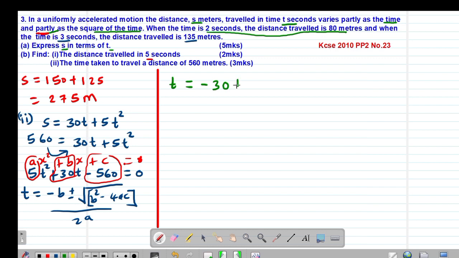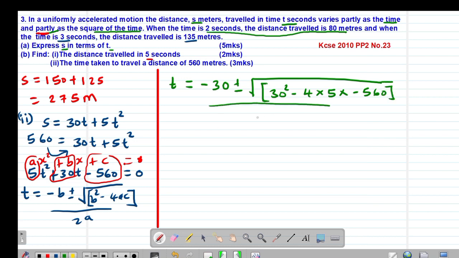Then plus or minus the square root of b squared. So my value of b is 30, so this will be 30 squared, minus 4 multiplied by a, the value of a is 5, multiplied by the value of c, which is negative 560, then I close the bracket, then the whole thing divided by 2 multiplied by a, which is 5.